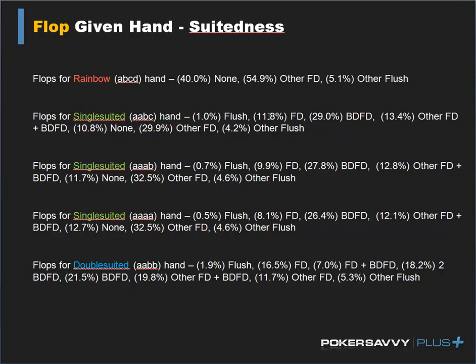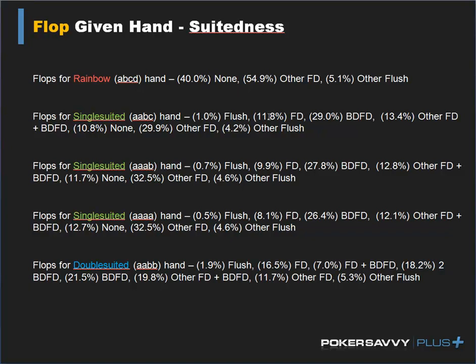Sets and flush draws are both right around 10%. So if you're trying to look at a hand that gets most of its value from suitedness and pairedness, you can sort of easily add up chunks of 10%.